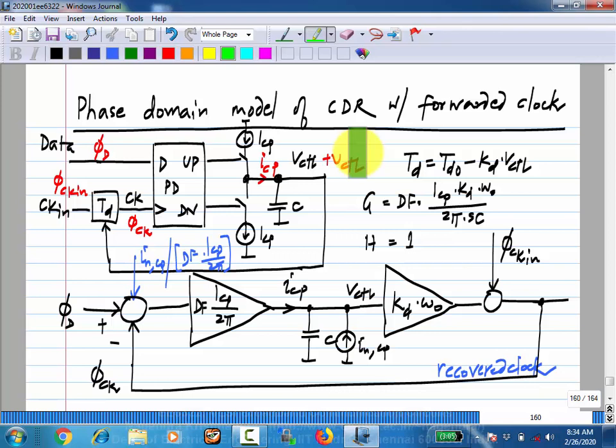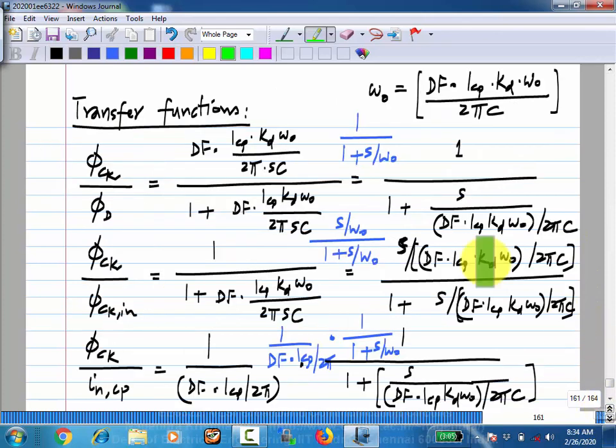And this omega naught is this number. Oh, I should not have used omega naught here because I have omega naught there also, right? This is a bad choice of notation. Omega naught I have used for the frequency of the signal, so let's not do that.